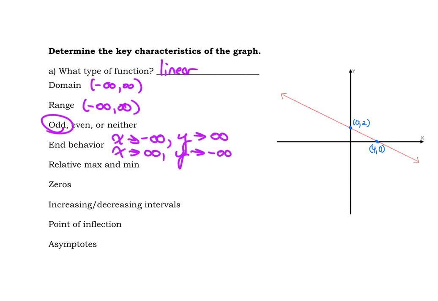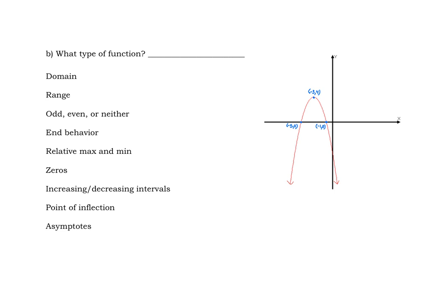It does not have a relative max or min. The 0 is where it crosses the x-axis, so that's when x equals 4. This entire graph is decreasing, and the interval is the same as the domain. There is no point of inflection, and there is no asymptote. Okay, this next function is a quadratic.